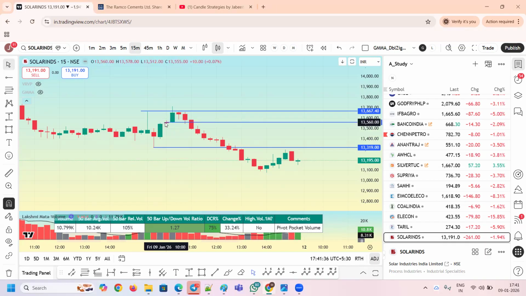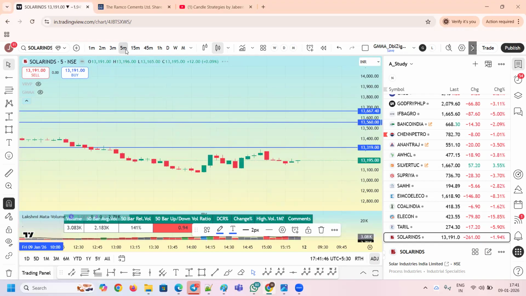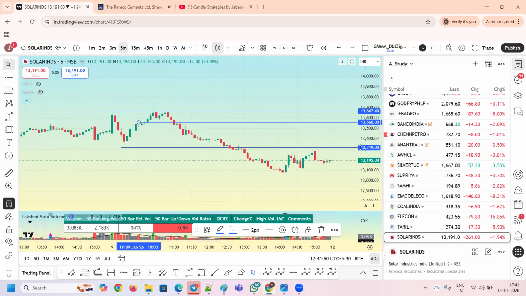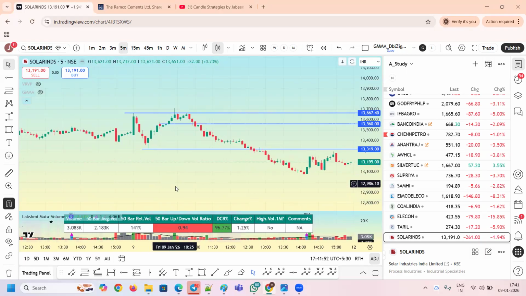So if you see these 2 points, then you will know, and if you see the 5-minute candle, you will get a better understanding. Show this here. See, 9:15 full.